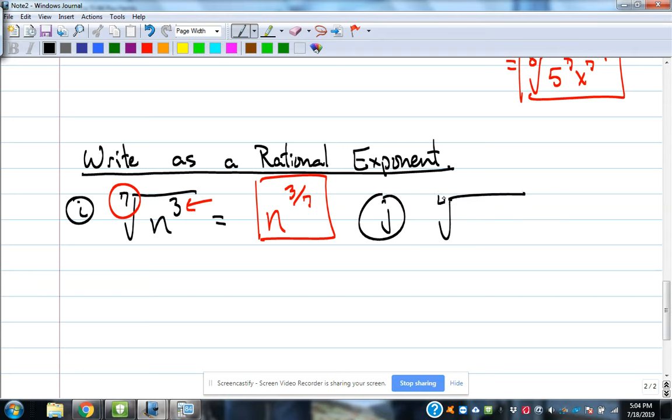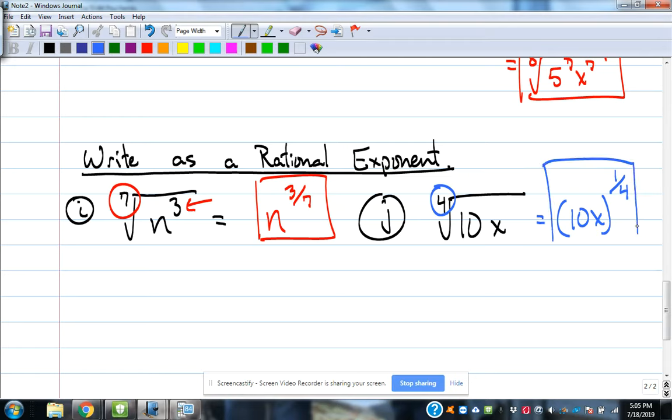Say we had the 4th root of 10x. There's a couple of different ways to write this one, but I think they're both equivalent, but I'll show you which one I think is the most common way. So again, your index becomes the denominator, and then what's the exponent? So that could be 10x raised to the what over 4? 1/4, yeah.